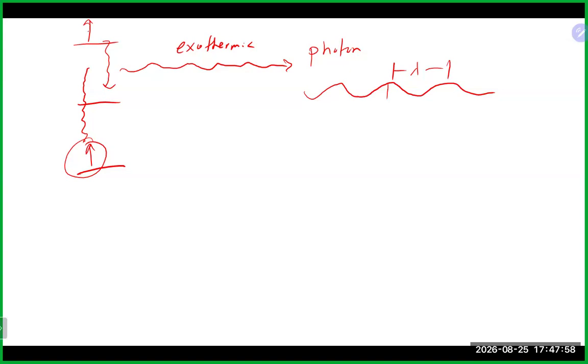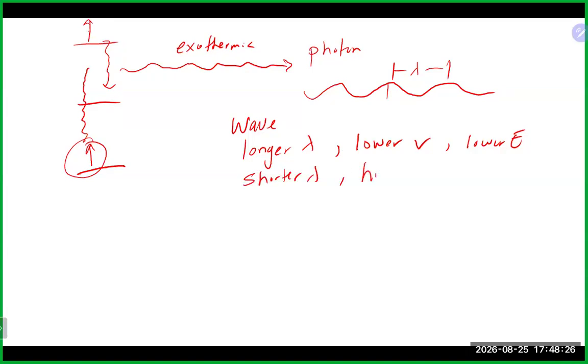The relationship of a wave and energy and wavelength and frequency is, if we have a longer wavelength, we typically will have a lower frequency, and that usually is a lower energy situation. That's different than if we had a shorter wavelength. We typically will have a higher frequency and a higher energy.